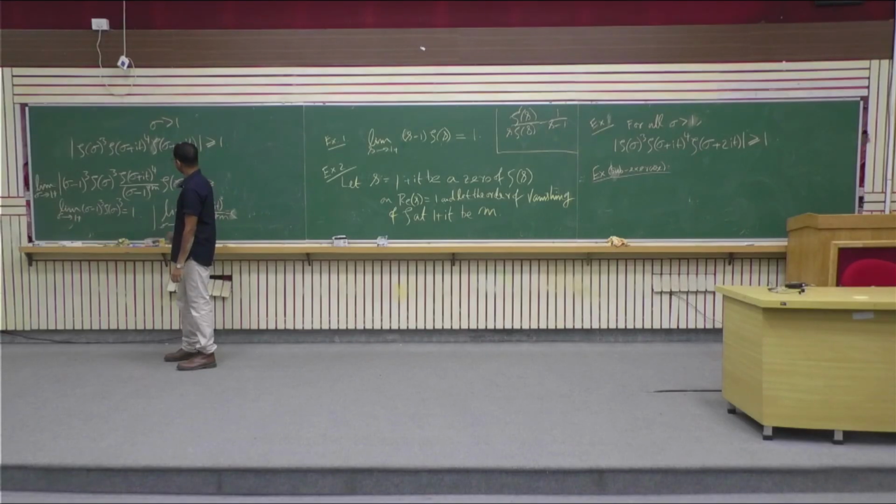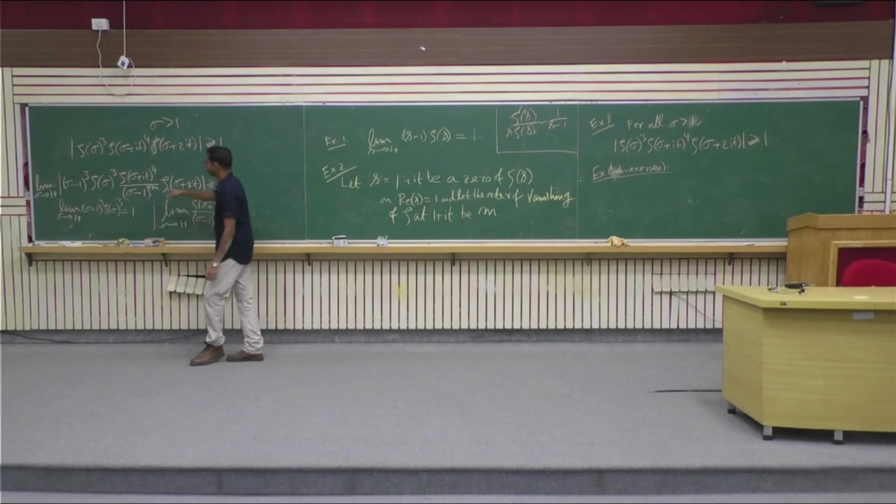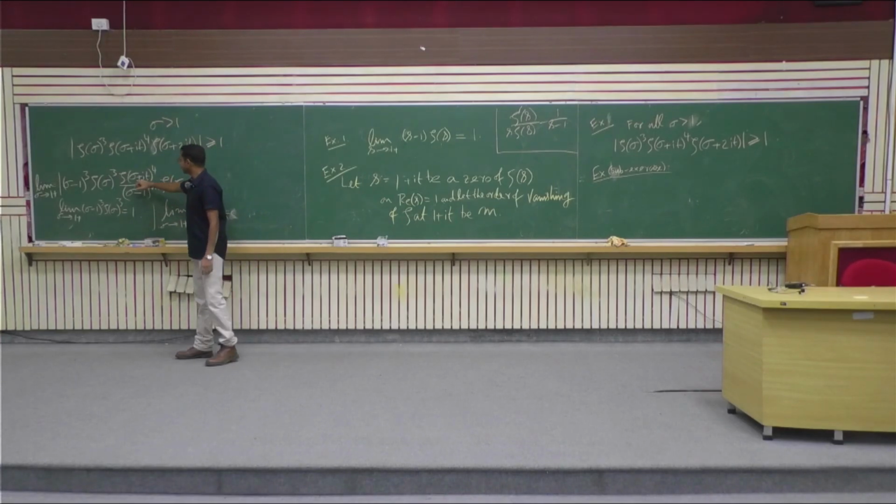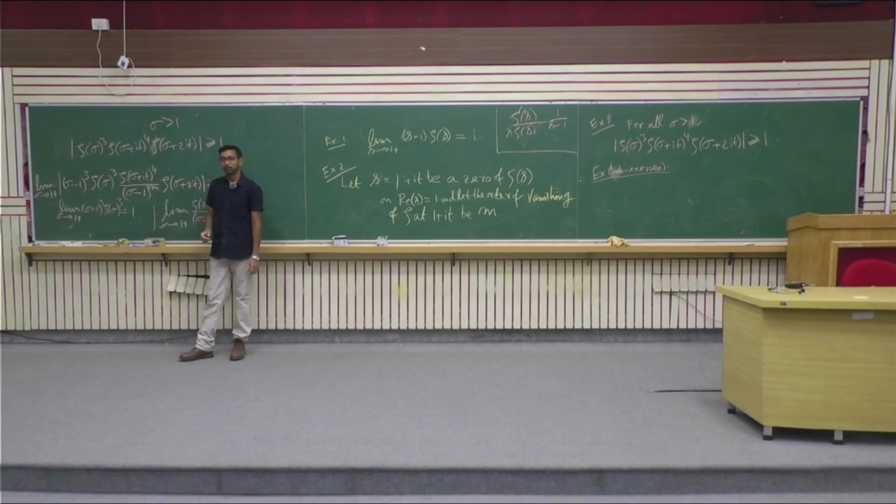Sigma minus 1 whole to the power 4. Yes, but this m is for the order, to compensate for its order of vanishing m at this point 1 plus it. We assume that it is not a simple 0 at 1 plus it, but that it has a 0 of order m. So that's why this m comes there.